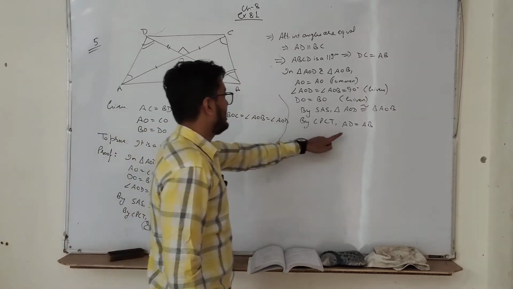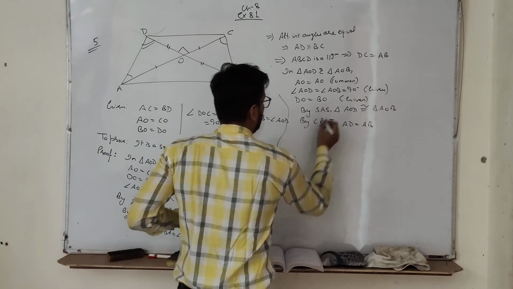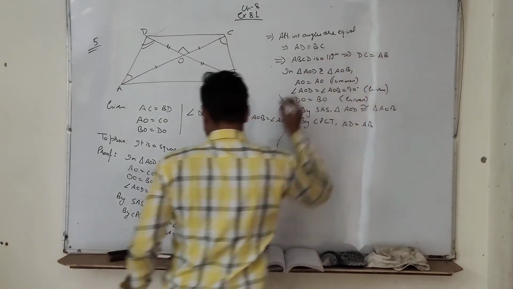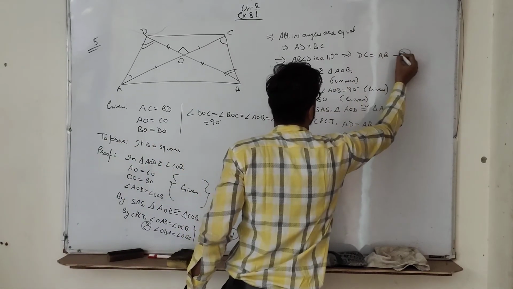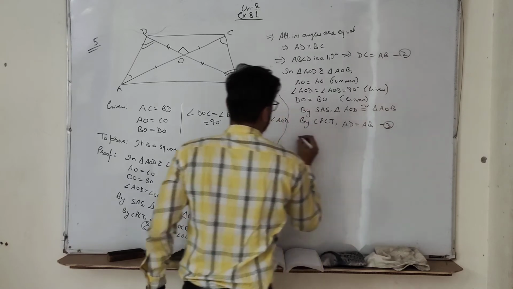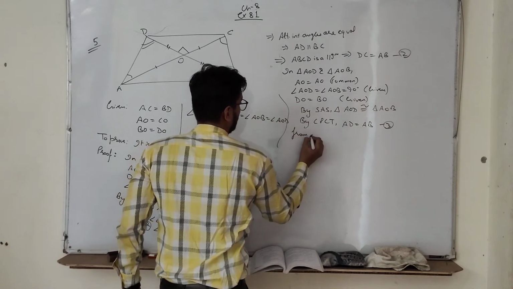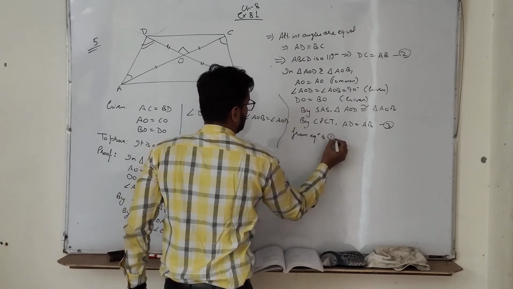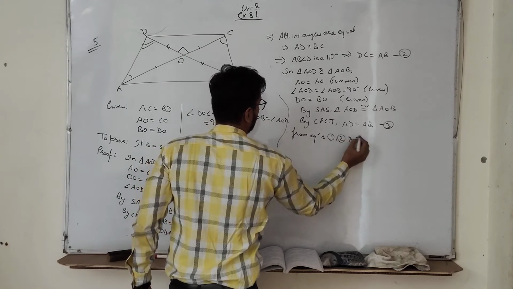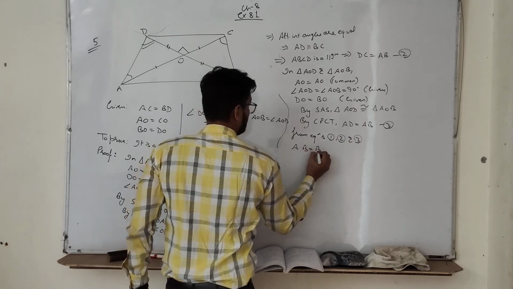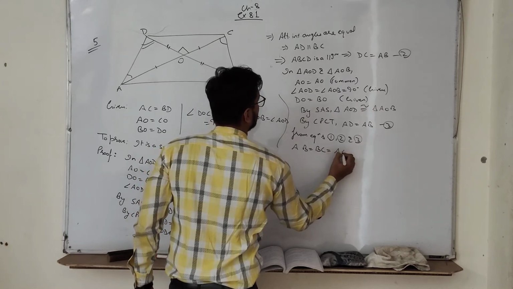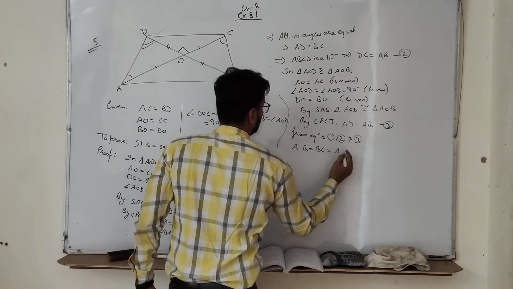So now AD is equal to AB, and let's say this is first equation, this is second equation, and this is third equation. So from first, second and third equations, what do we have? We have AB is equal to BC is equal to CD is equal to AD.